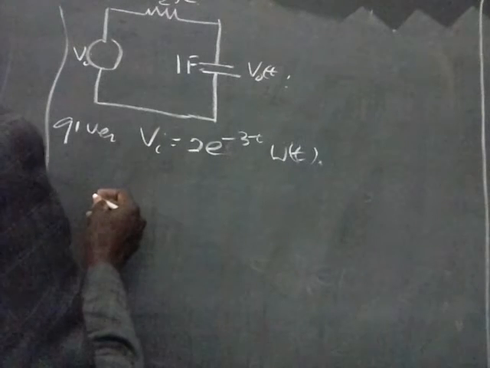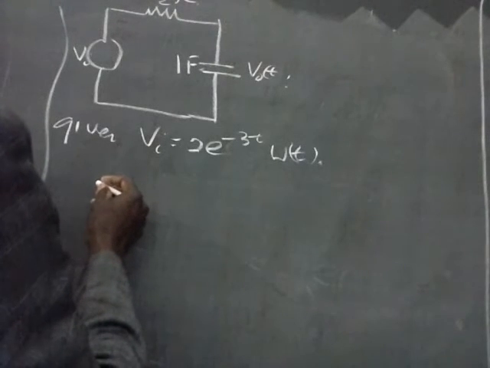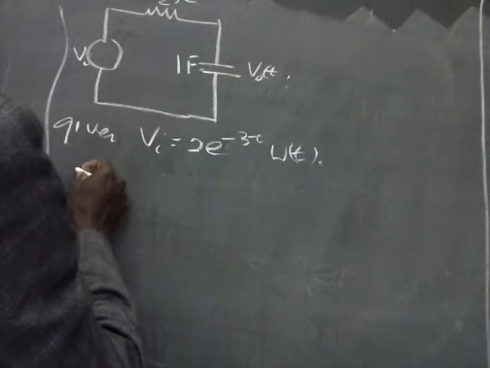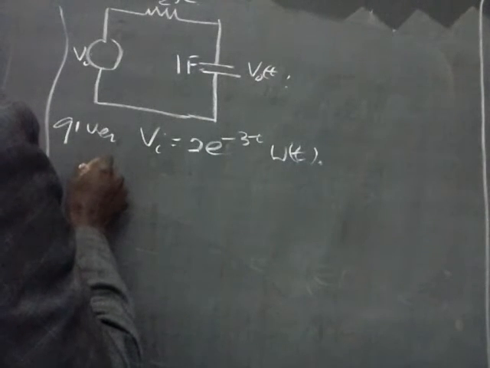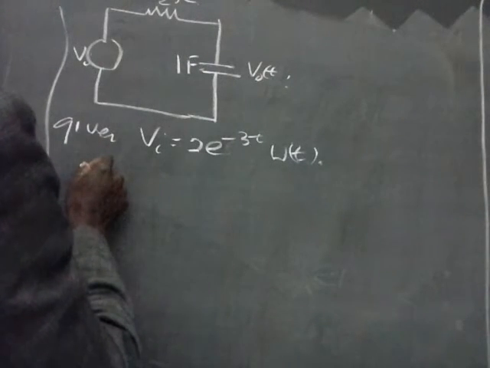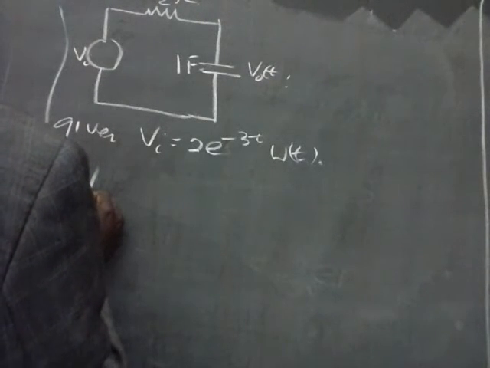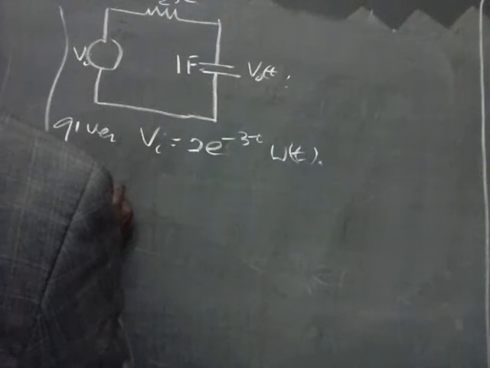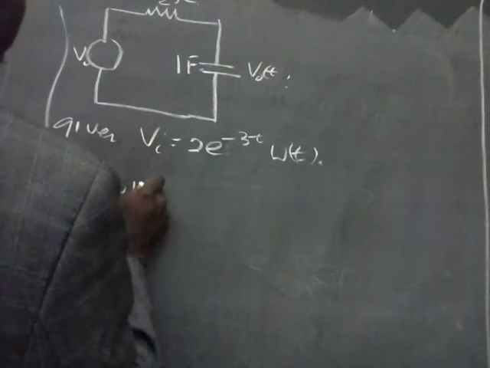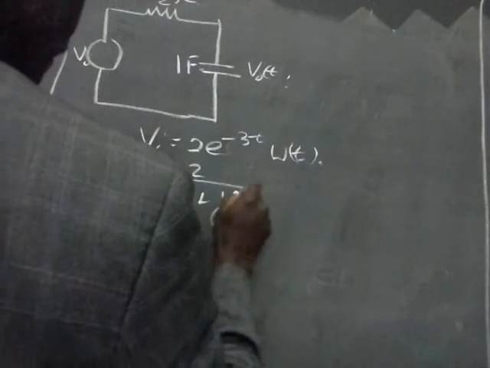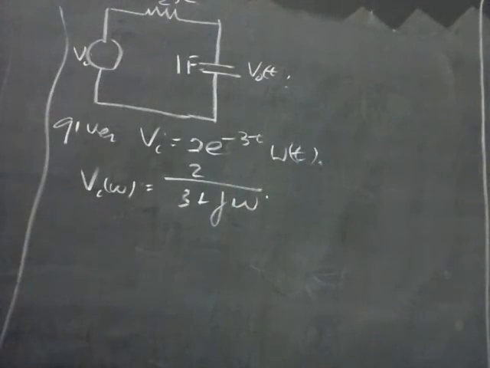So Ohm's law applies, and first, let us say for the V, Vi of omega is equal to 2 over 3 plus j omega.